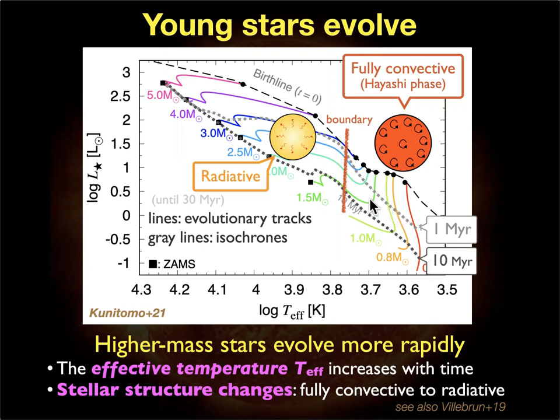On the other hand, high mass stars lose their surface convective zone quickly and become radiative. So the XUV luminosity of young high mass stars is expected to evolve rapidly. And these are important for the XUV luminosity.